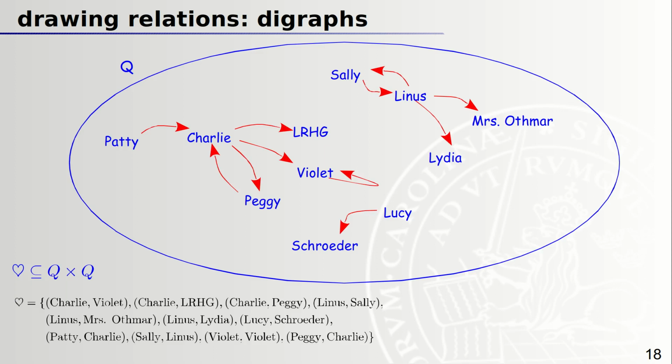Notice how, for example, self-love, a direct circle, the one that Violet is involved in, and reciprocity, such as the one between Sally and Linus, are directly visible in this representation, as is the formation of cliques, that is, groups of people that are connected amongst themselves but separate from others, such as the cliques around Charlie and Linus and the one involving Lucy and Schroeder.